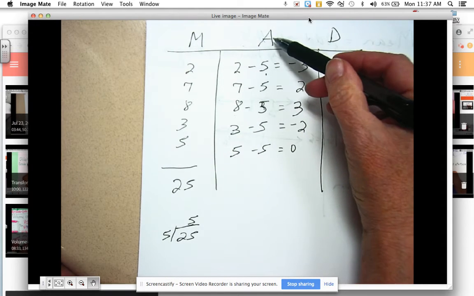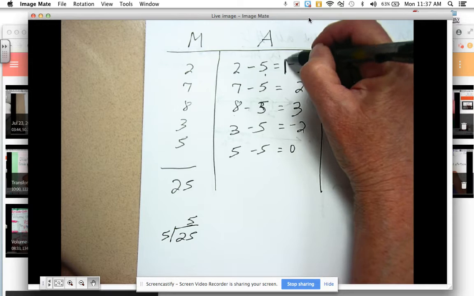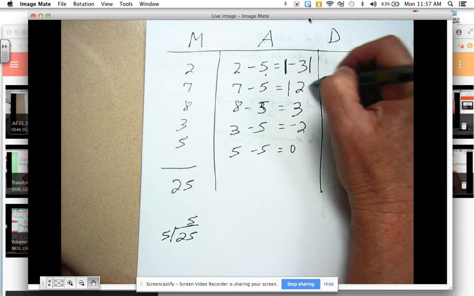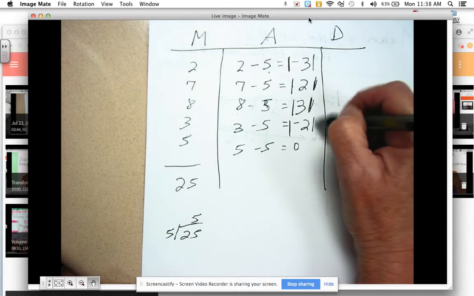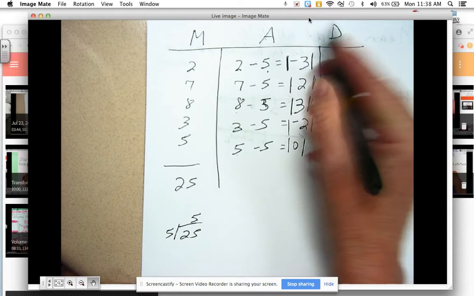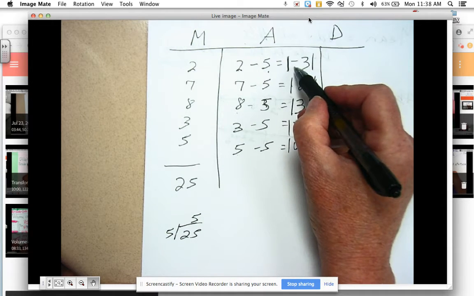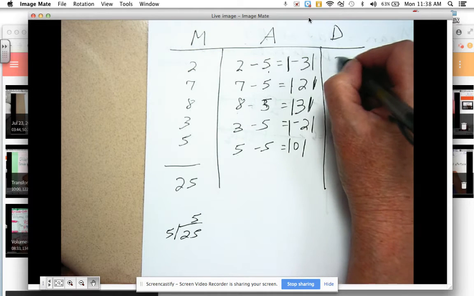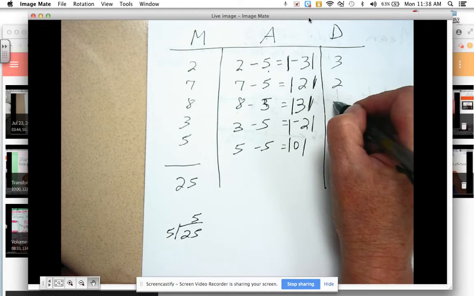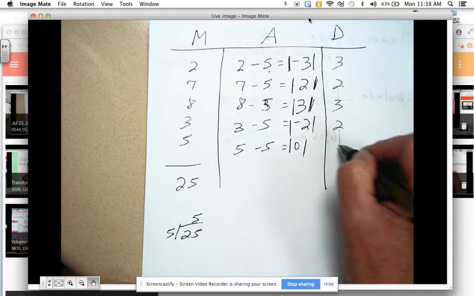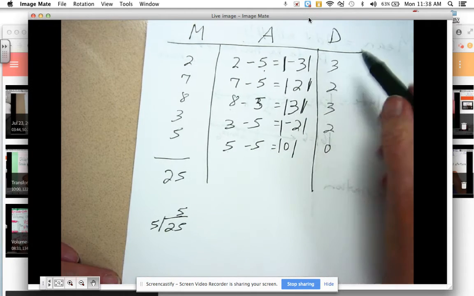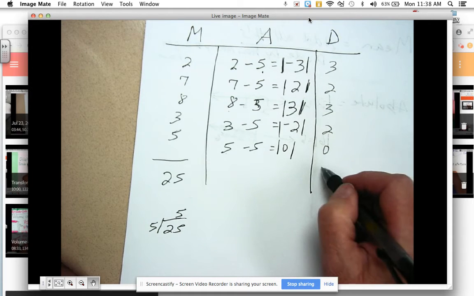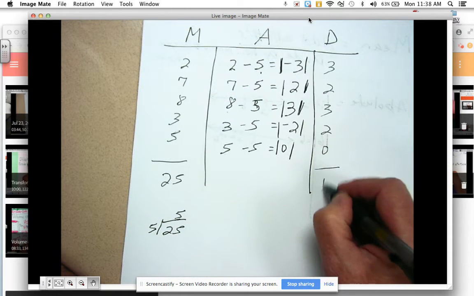The A up here is the absolute value, so we're going to take the absolute value. I'm writing these symbols so you remember the absolute value just means the distance from 0. So now over here we're going to take the absolute value: 3, 2, 3, 2, and 0. And now we're going to find the average again. If we add up all these numbers, we end up with 10.